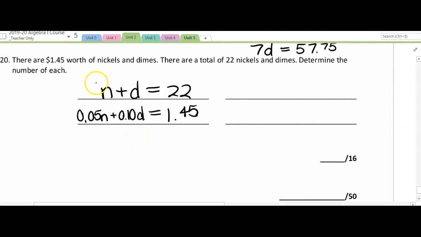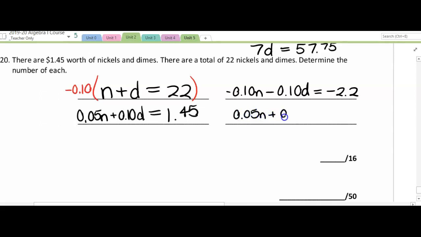I'm going to multiply my first equation by -0.10. When I do that, I get -0.10n, -0.10d equals 22 times -0.1 is -2.2. My second equation I haven't changed.